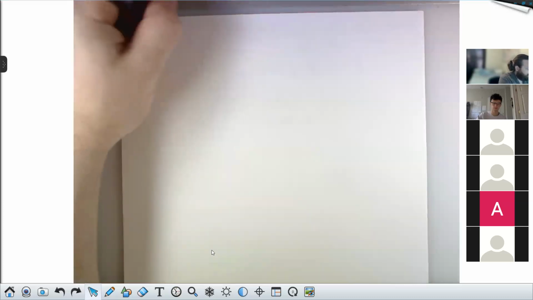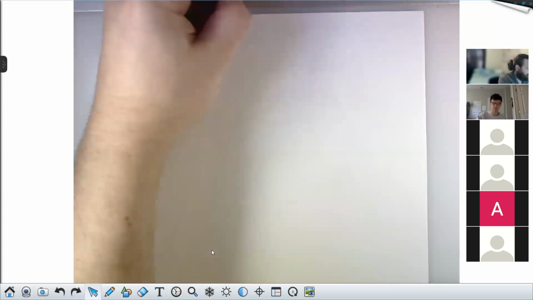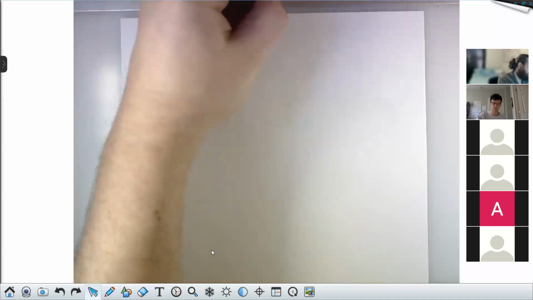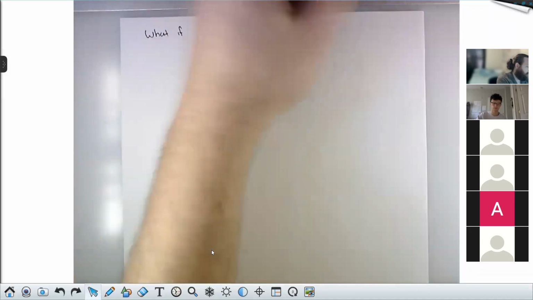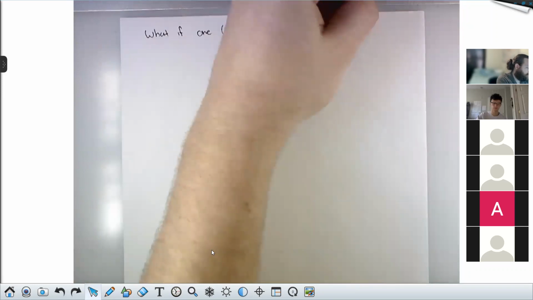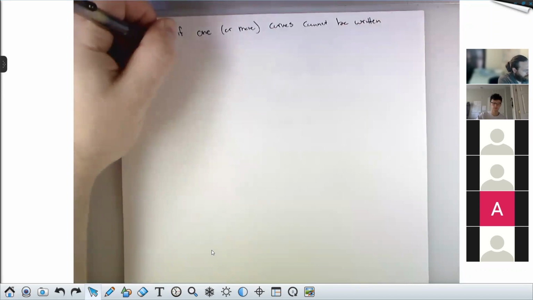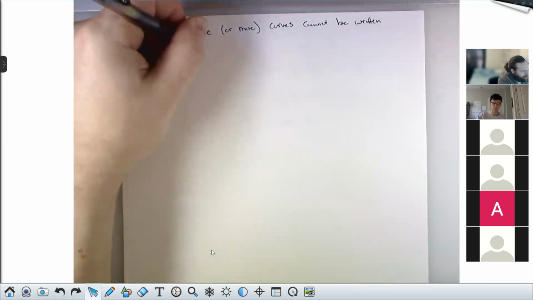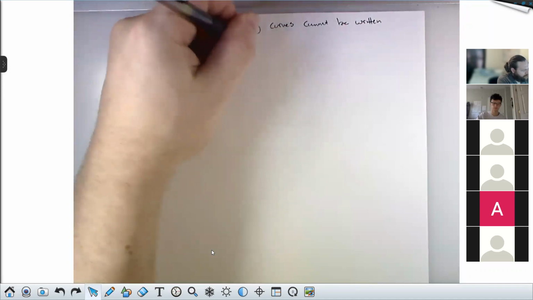So what if one or more curves cannot be written in the form y equals f of x, right?